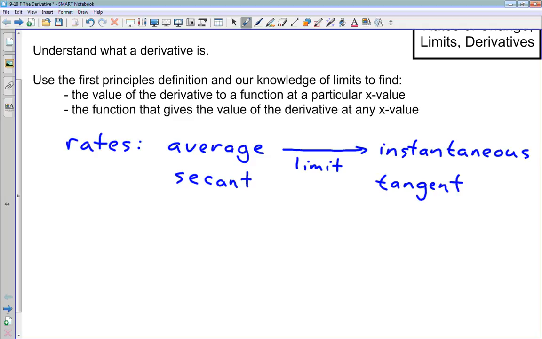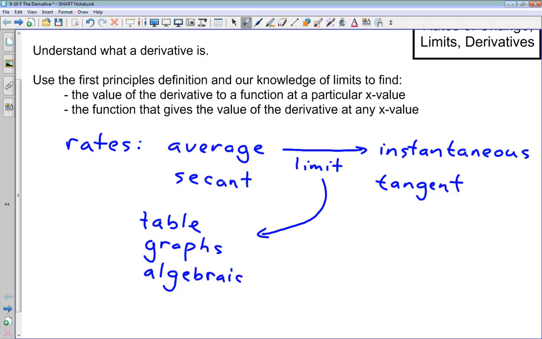And then we veered off and we talked a little bit more about limits. And we said, okay, we can evaluate limits using a table, using graphs. And then we went and said, well, we don't want to mess around with tables and graphs all the time. So let's figure out how we can do this algebraically. Okay.